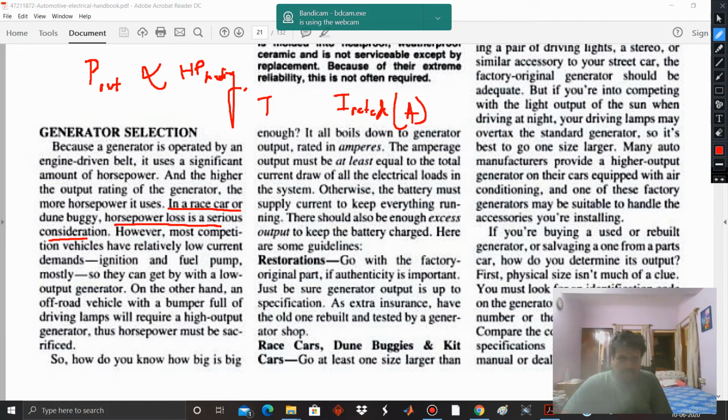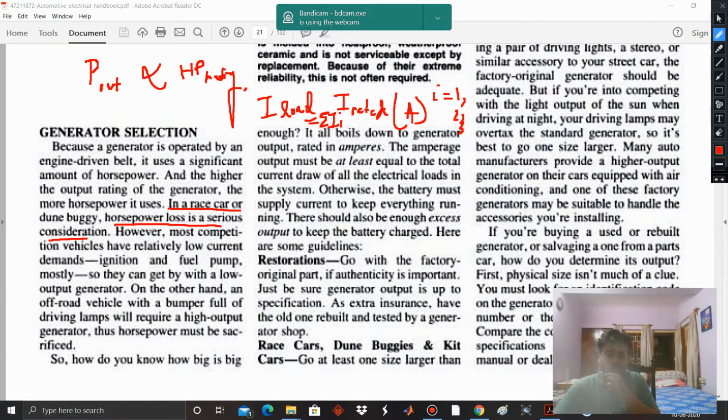So the I load should be equal to the summation of I_i, where i is equal to 1, 2, 3. So 1, 2, 3 stand for different accessories of the vehicle, like the lights, the wipers, all the electronic gadgets, everything.